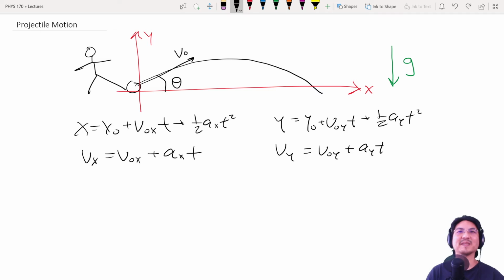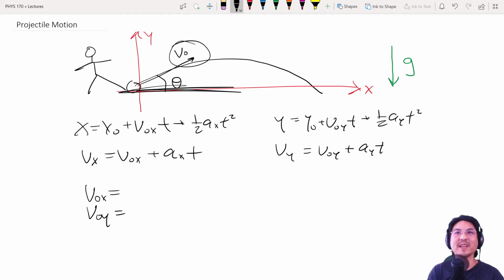So let's practice. Let's say, what is v naught x? What are the x and y components of this vector? The x-axis is here, so the x component of this vector is right here, which is positive, and it's adjacent to the angle.